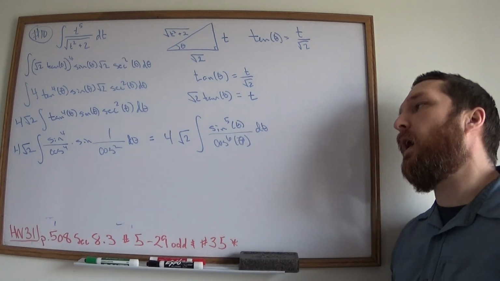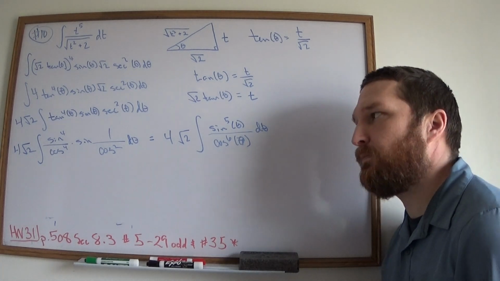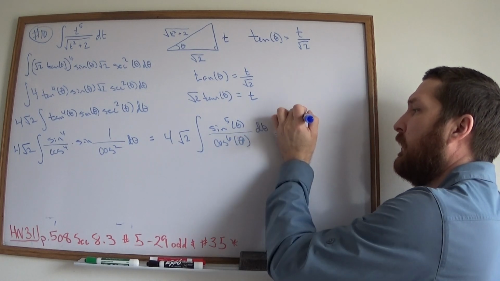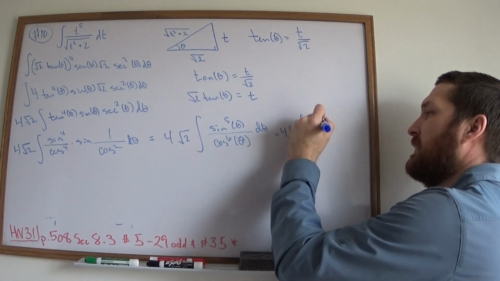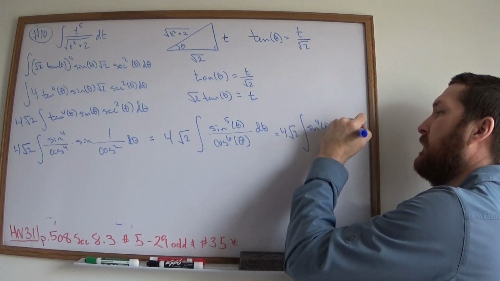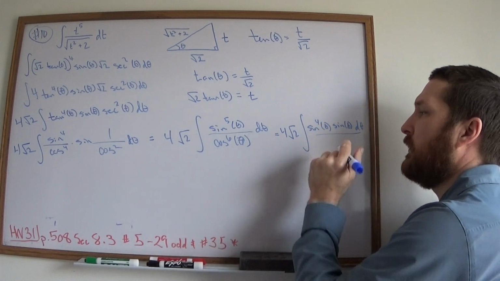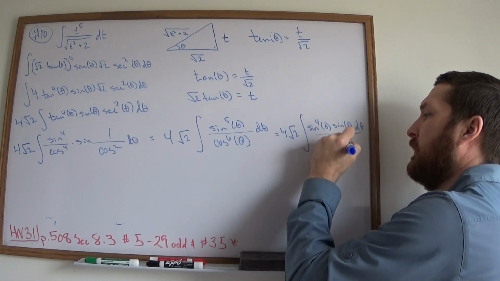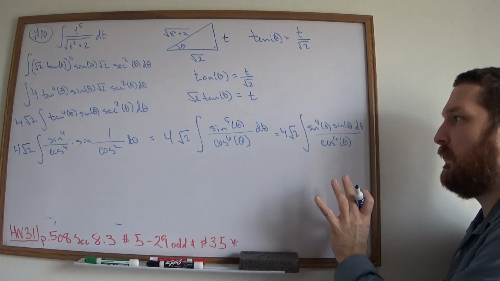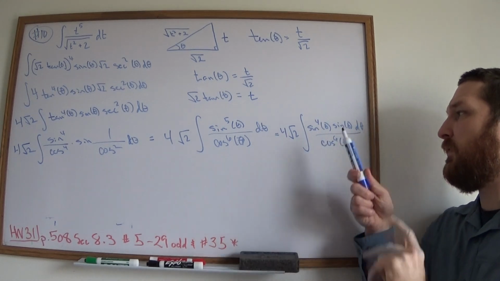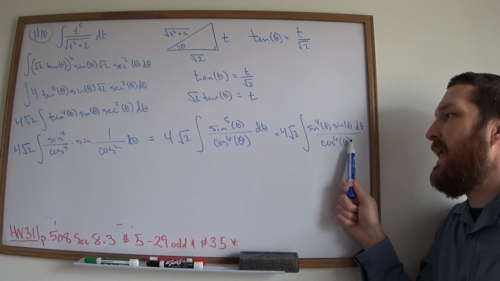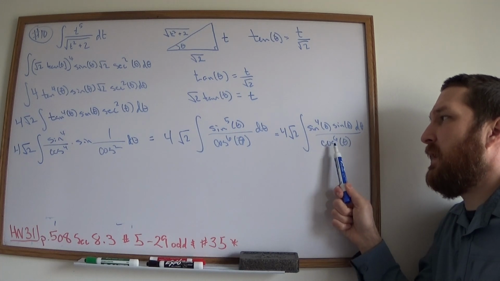Now, do we have an odd power? Yeah, we do. So let's pull an odd man out. 4 root 2, in the top that's sine to the 4th, sine d theta, over cosine to the 6th. This might get a little ugly. I have the one sine by himself, so I want to get everybody else in terms of the other one.